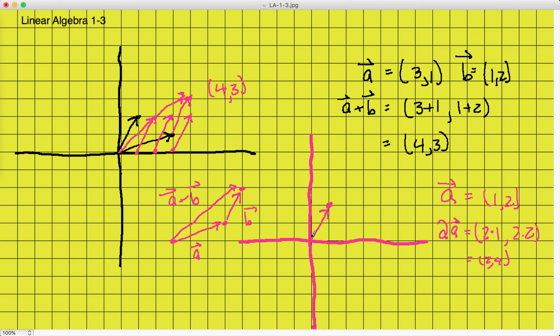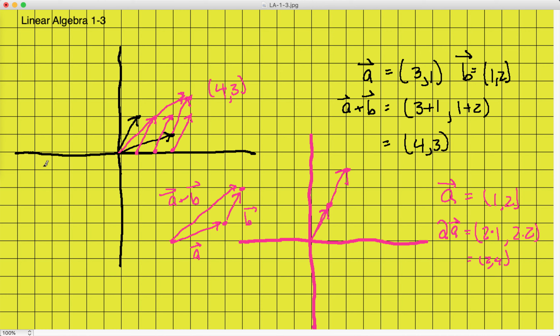Well, that's just going to be 1, 2, and then 1, 2, 3, 4. And that's just that way. And you can see that it has exactly the same direction as the original vector. What has changed is that the magnitude is different.